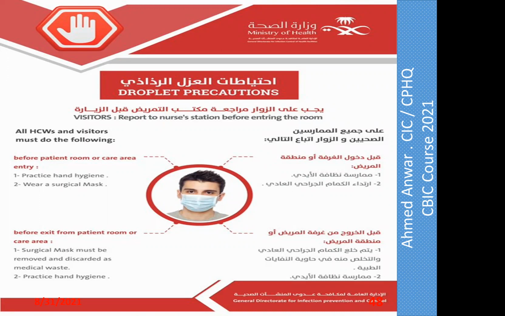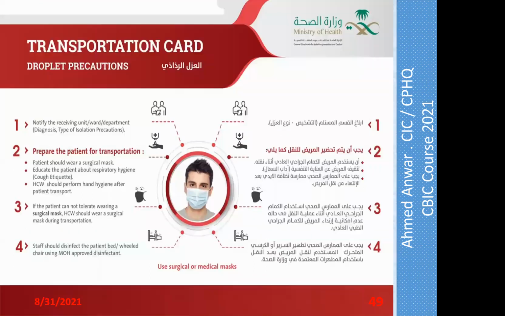For example, if this patient poses a risk of exposing the staff to body fluids, in this case we wear a surgical mask, gloves, and gown as a standard precaution. But if there is no other risk, a surgical mask is enough. During patient transfer, we have to hang this card on the trolley or wheelchair.